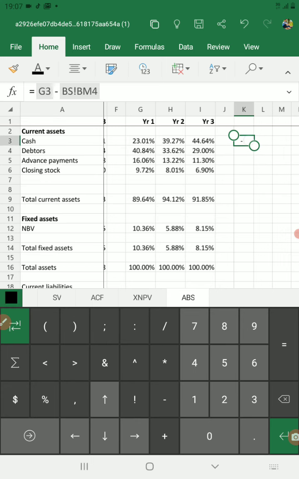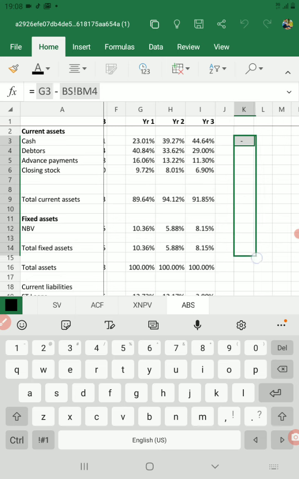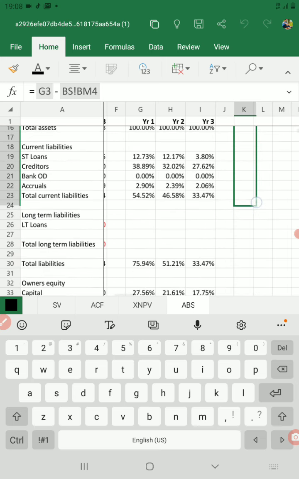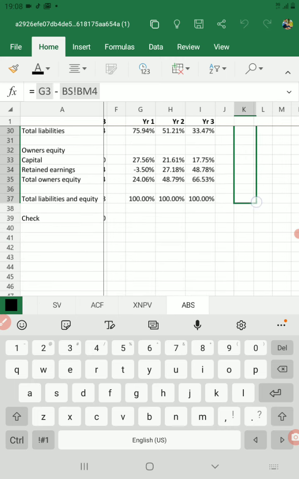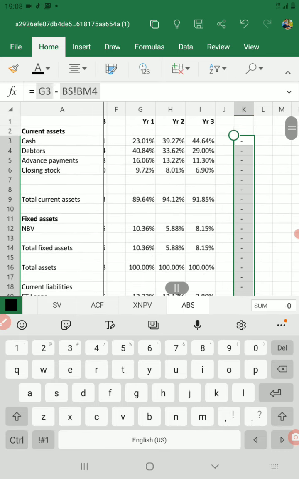So we see it is 0, and if we drag this now. Okay, let's do it even at the end of here, long-term liability, total liabilities. Here. Okay, so you can see that the formula for year 1 is exactly the same.